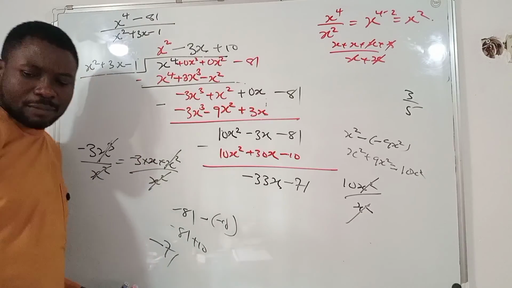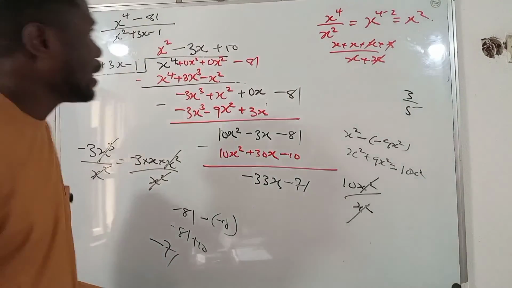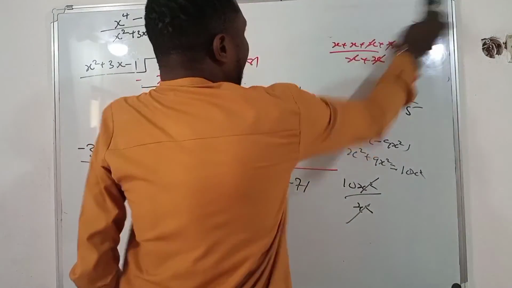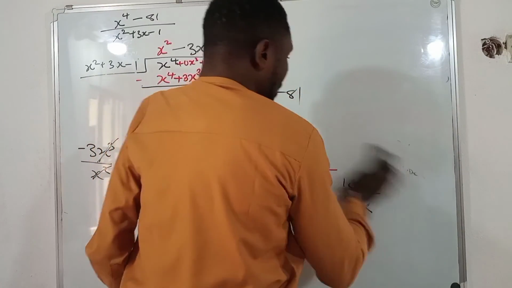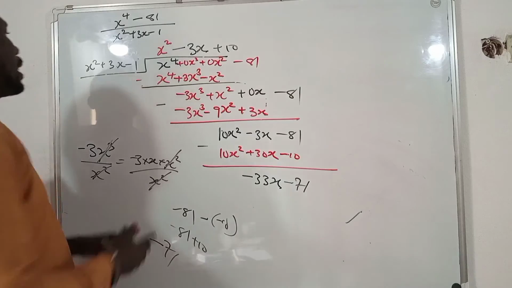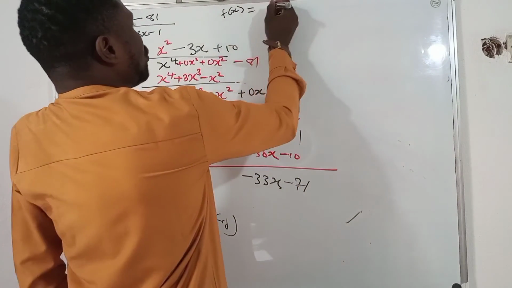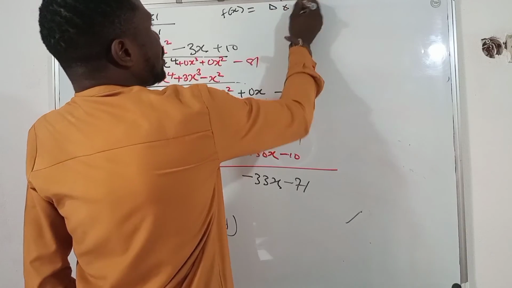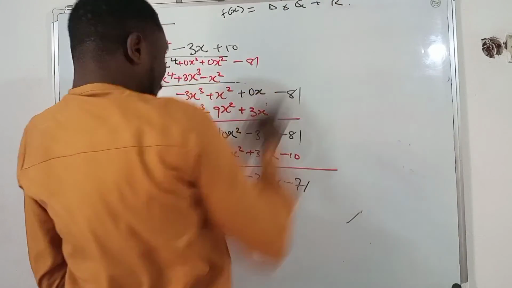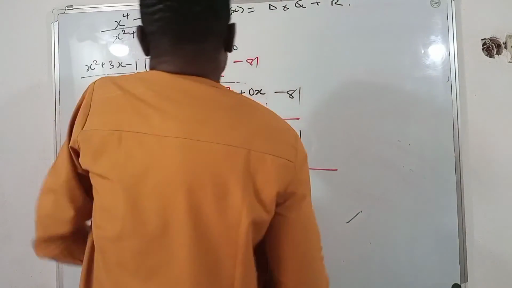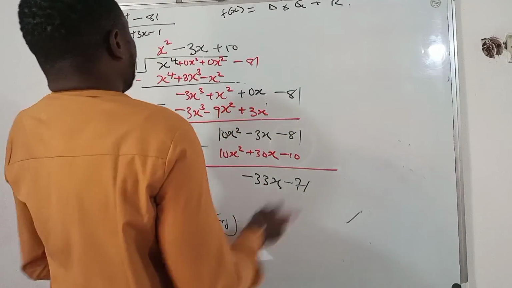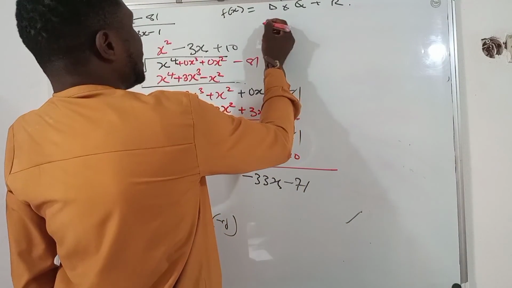If it's an essay exam, like I said before, you now express your answer the way I have shown you earlier. You say that f of x is equal to the divisor times the quotient plus the remainder. In this case, what is our f of x? Our f of x, of course, is the dividend.